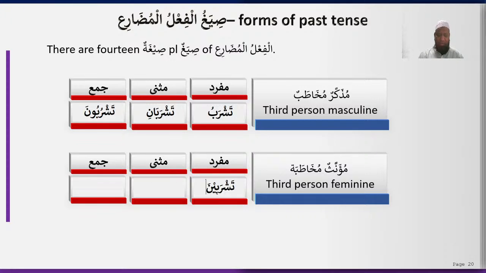The ya is the damir البارز في محل رفع فاعل, and the noon is to show it is in marfu case. ثبوت النون, and this noon also has a fatha.